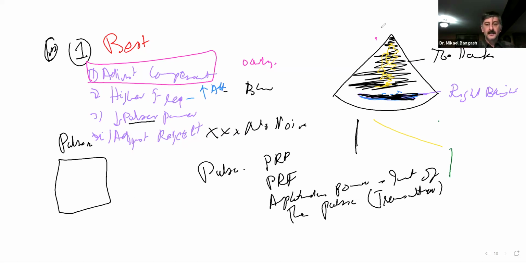So pretty much the output power. My dear, if you decrease the output power, you are mainly sending less energy out, right? Right.